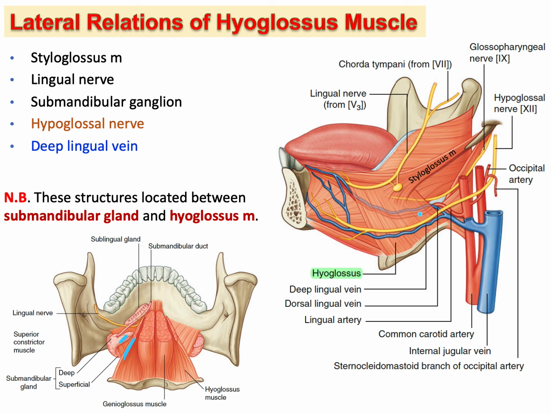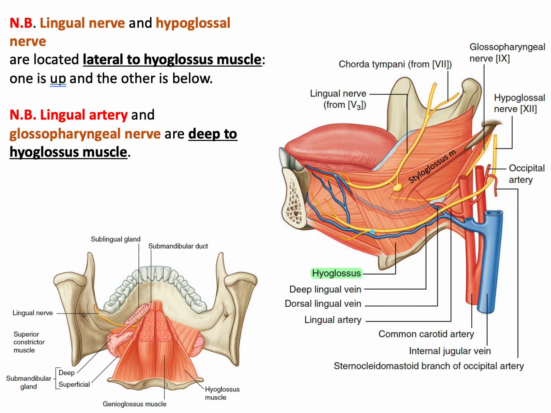These structures are located between the submandibular gland and the hyoglossus muscle. And I would like you guys to remember that the lingual nerve and the hypoglossal nerve are located lateral to the hyoglossus muscle.